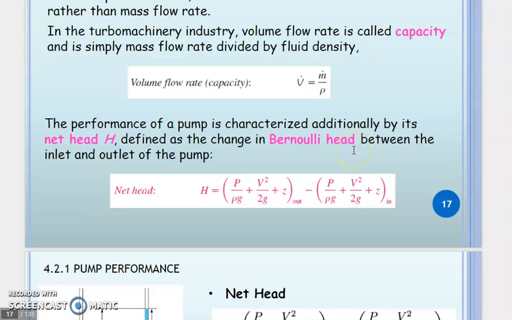Next is the Bernoulli equation. But in our analysis, instead of using pressure as the unit of analysis, for head we use meters.